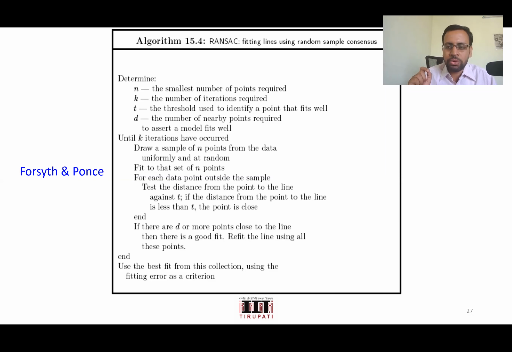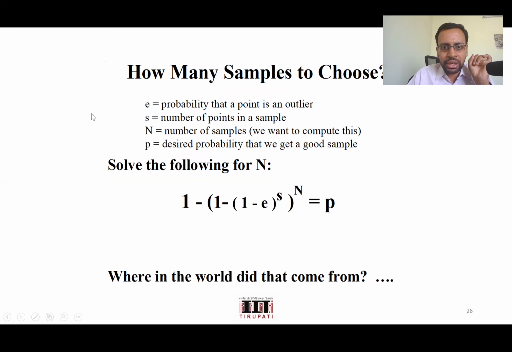These are the things I am giving you. I want to know, with a probability p, which could be, for example, 99%, if I repeat this experiment capital N number of times, where my sample has s points.